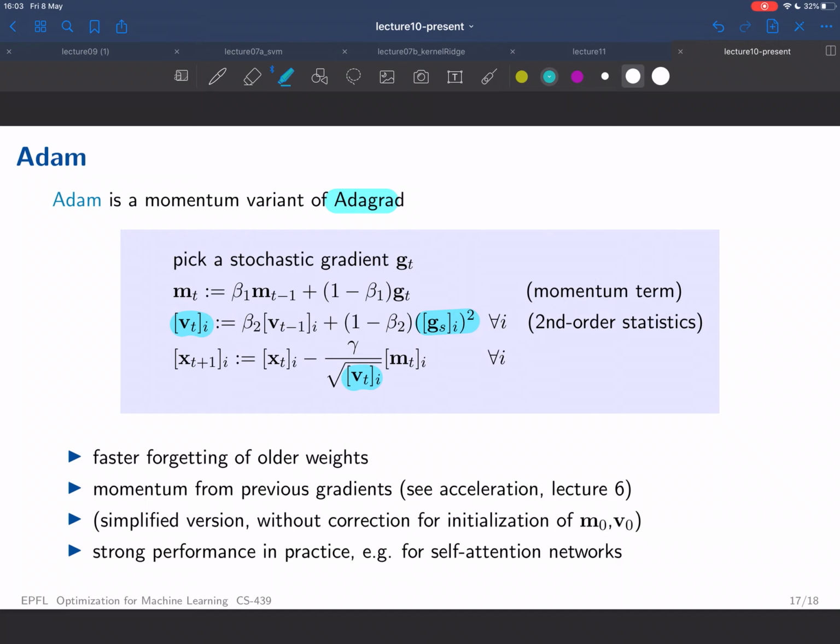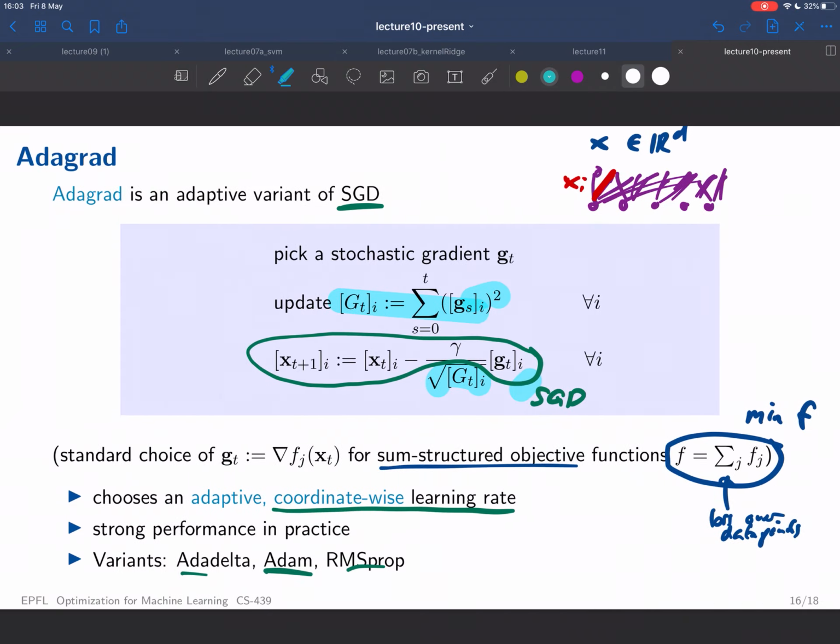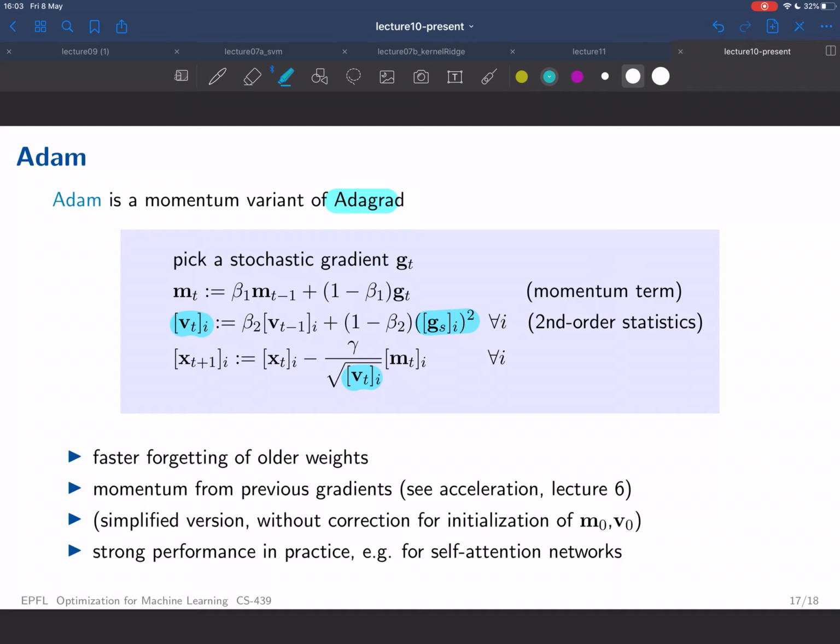So the V is, again, just accumulating what we had called capital G on this slide here, which is a sum over the past of all the gradient entries on edge i. That's the same thing with v_i. The difference here is that we have a faster decay now. Now we have this exponential decay, so that the more recent g will count more.